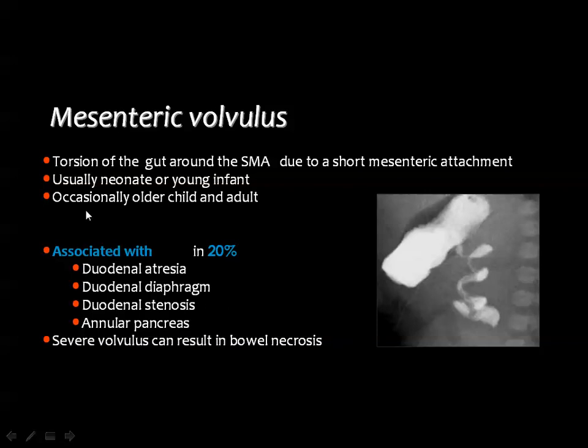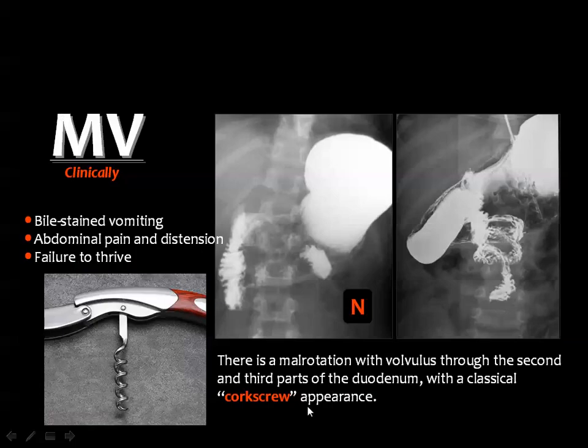In the neonatal period, it may be associated with duodenal atresia, duodenal diaphragm, duodenal stenosis, or even annular pancreas. And if you have the barium study, you have this very classic appearance, which is known as the corkscrew configuration of the proximal bowel.